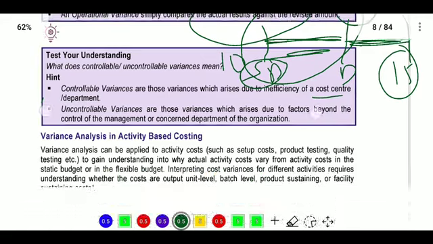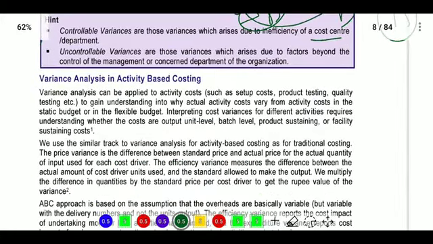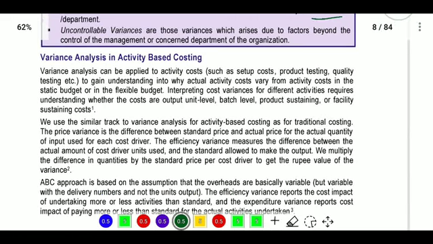Next, variance analysis in activity based costing. Variance analysis can be applied on activity costs, such as setup cost, product testing or quality testing, etc. Why?